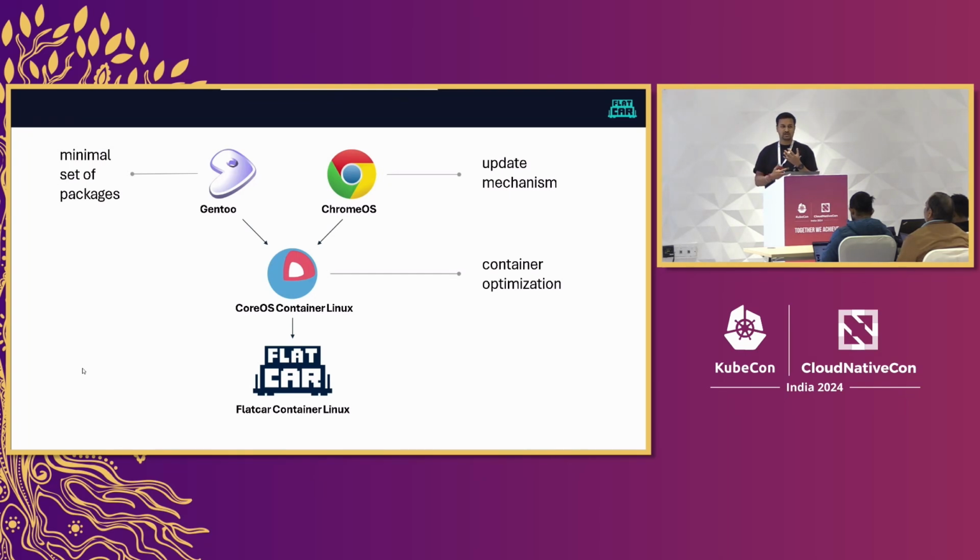If you use Android, it uses the Omaha protocol, and we use almost the same spec for our update engine. So this is the lineage. The project was born in 2018, and since 2020 we have been making very heavy changes back to upstream on our side to make Flatcar as user-friendly as possible.